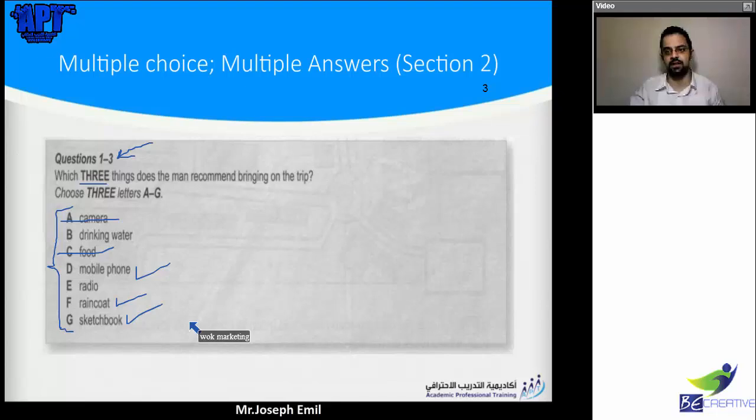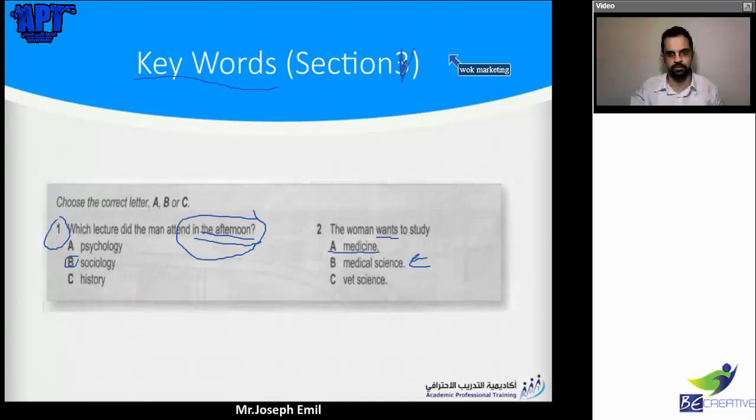In the part where we choose more than one answer for more than one question, just make sure to mark the ones that you consider wrong as wrong, so that you only need to look at 5 instead of 7 options, right? And these multiple choice questions are always concerned about the woman wants to study in the afternoon. By the way, the key words here are the woman and wants to study.